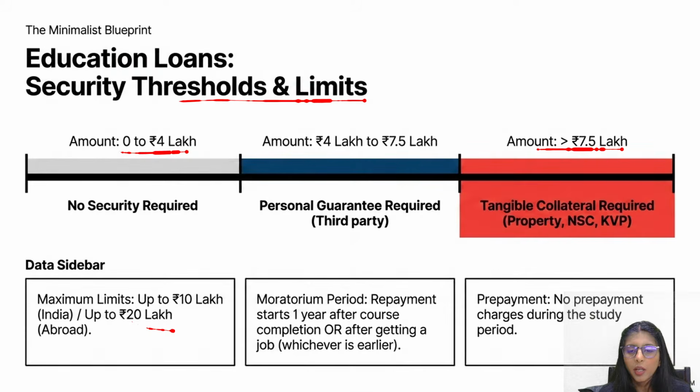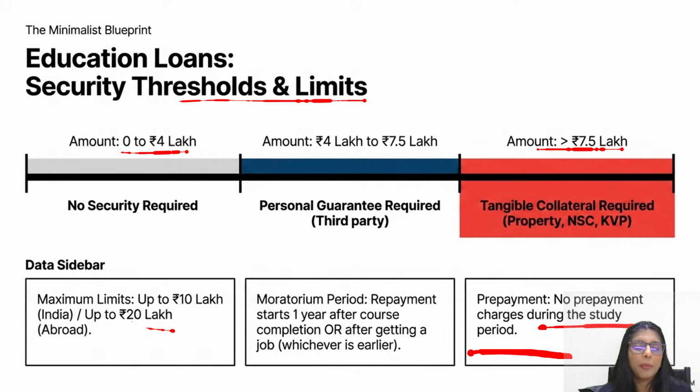In case of education loan, the moratorium is generally course duration plus 6 to 12 months. Prepayment: no prepayment charges during the study period.